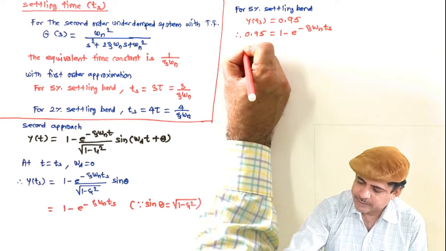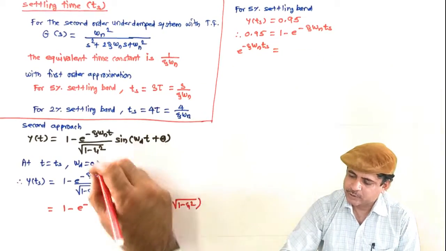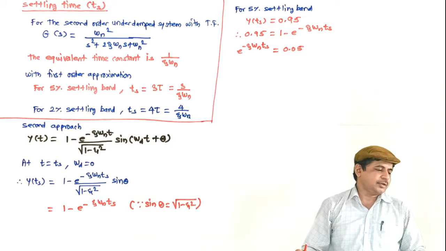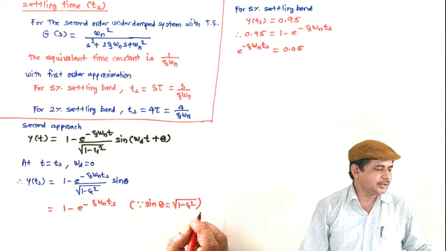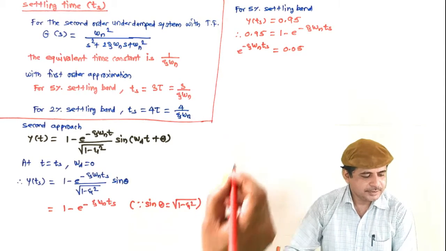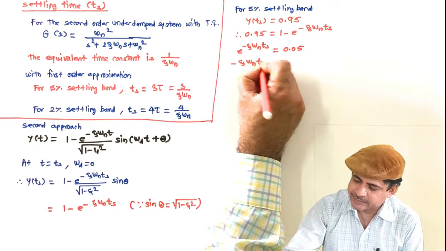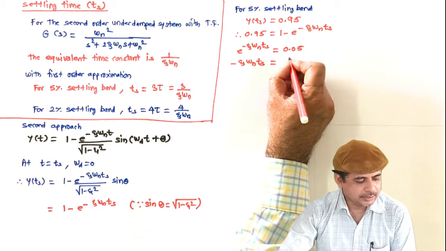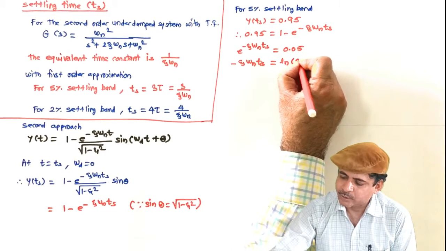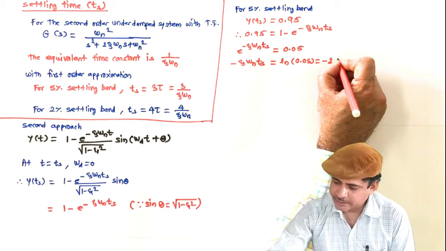So e raised to minus zeta omega n Ts is equal to 0.05, and if you take natural log of both sides, you will get minus zeta omega n Ts is equal to natural log of 0.05, that is equal to minus 2.9957.